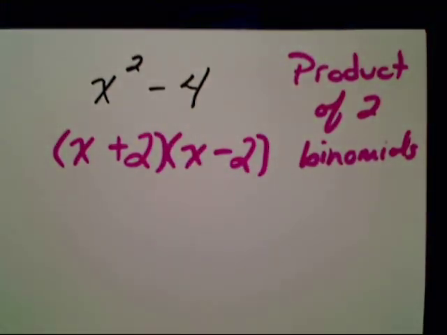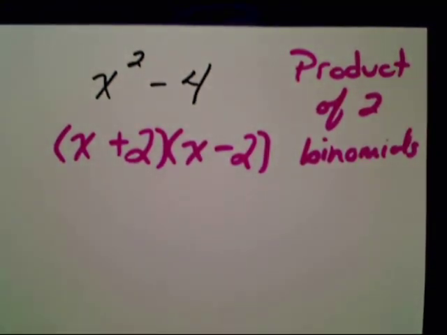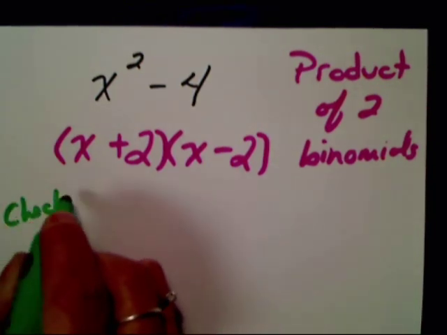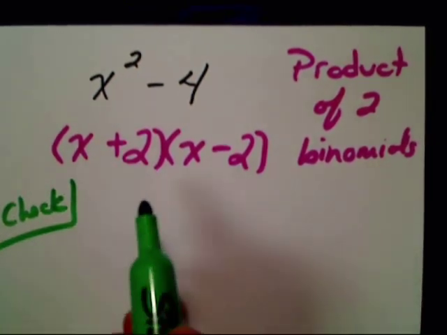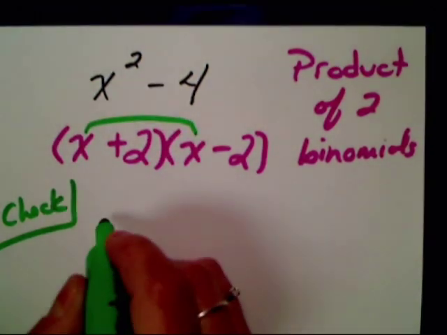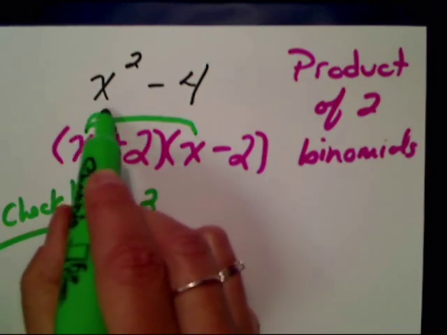Now we have this in factored form. X plus 2 times x minus 2. Let's prove it to ourselves by FOILing it to show what we get. Okay, this is our check. FOIL method. Take the first times the first. X times x is x squared. Then you do your outside.